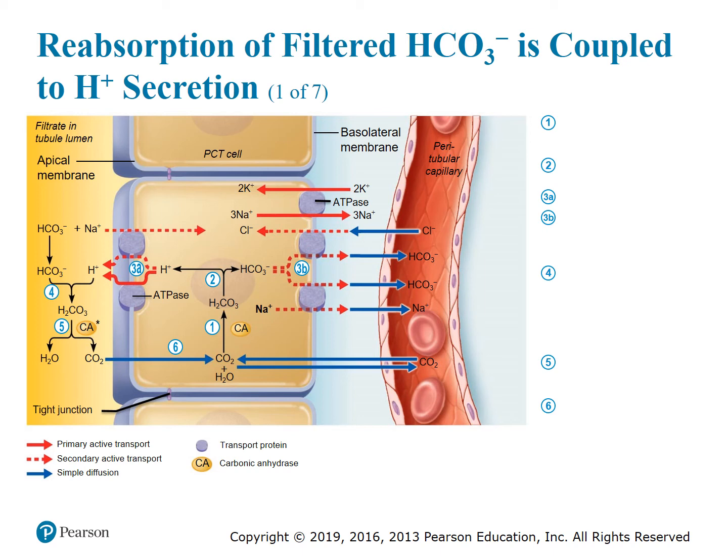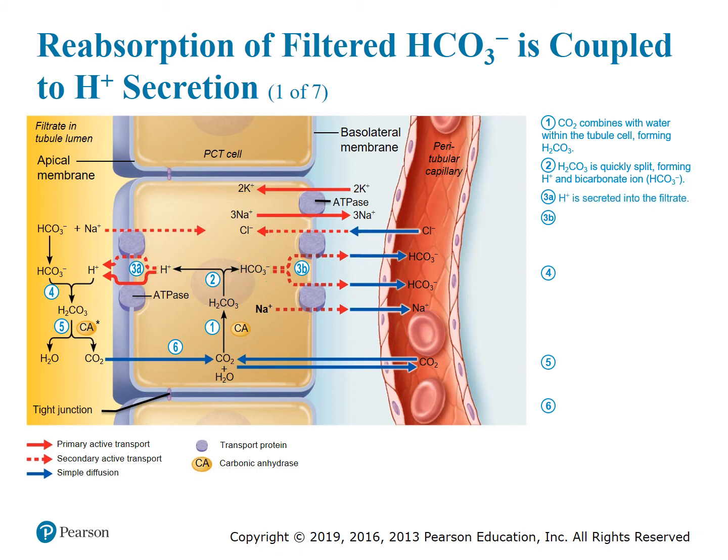So I mentioned that CO2 crosses the cell membrane pretty easily, and we're going to start from there. And the CO2 that's within the cell combines with water inside the cell, and it's going to form H2CO3, which you see outlined in the green circle. Now this H2CO3 gets split into both hydrogen and the bicarbonate ion.